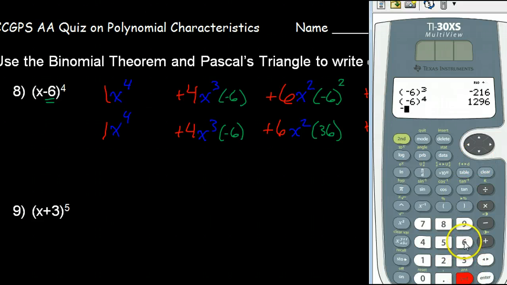Let me just point out to you the importance of using parentheses, because if I do negative 6 to the fourth power without the parentheses around the negative 6, it's going to tell me negative 1,296, which is not what we wanted. Alright, we want negative 6 times negative 6, not negative 6 times 6 times 6 times 6. So use parentheses if you're going to use a calculator.